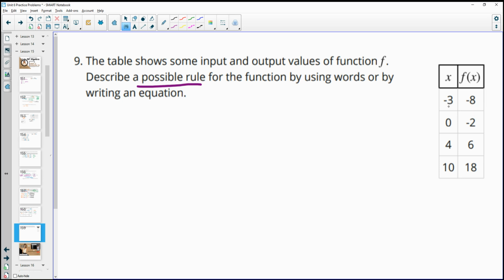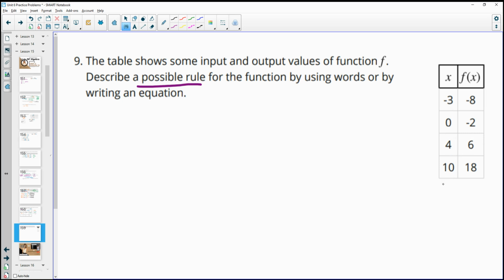It doesn't look super obvious, because going from -3 to -8 is -5, but 0 to -2 is not -5, and 4 to 6 is not. We're not just taking this times a number, right? Because -3 times something doesn't equal -8, not a nice number. And same for this, 4 times something doesn't equal out.